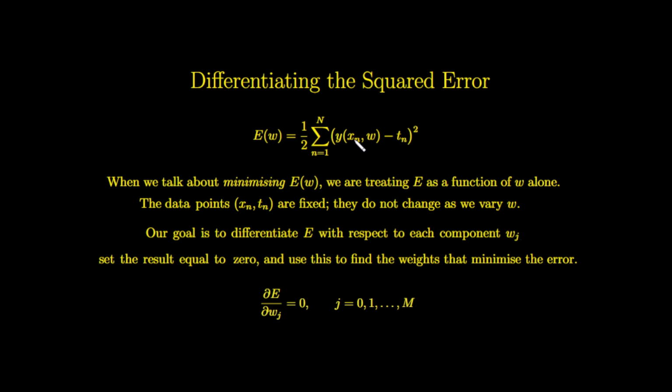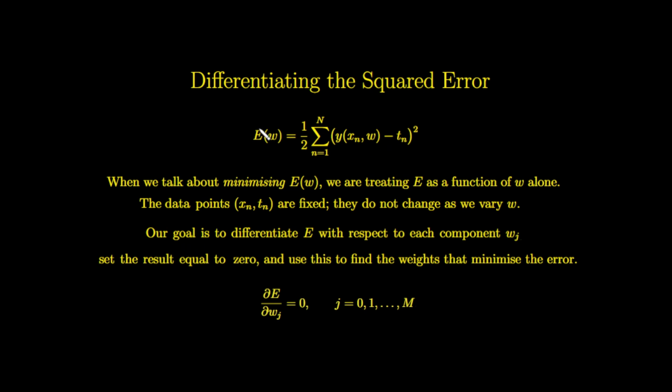So we know xn is going to be the numbers, for example, 0, 0.1, 0.2, 0.3, and in the example we looked at, it went all the way up to 1. And the value for our tn was our original function plus the noise. So we can think about these as fixed terms or constants.